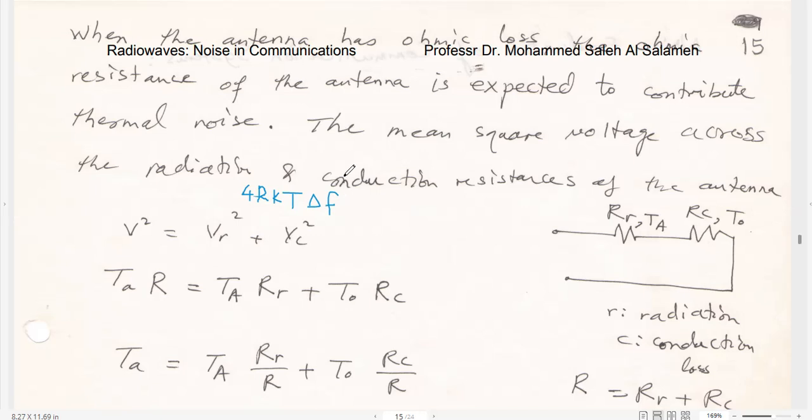Delta F will be the same for the three quantities, and K is the same constant, 4 is the same, so we're left with R times T. So T for the antenna times R, the total resistance, is equal to T antenna, because antenna temperature is related to the radiation resistance, times R radiation, plus T naught, the ambient temperature, times R C, the conduction resistance.